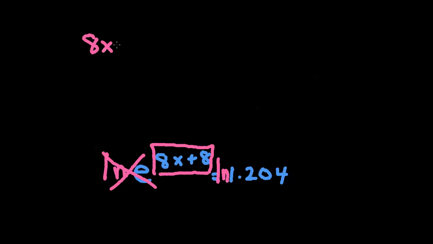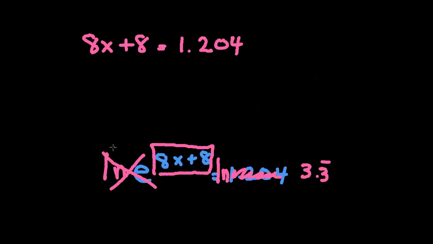So I have 8x plus 8 equals, oops, you know what, sorry, I was one step ahead here. This was 3.3 repeating, and then when I take the ln of it, I get 1.204. So that negative 20 divided by 6 was 3.333, and then when I take the ln of 3.33 repeating, I get that 1.204 number.